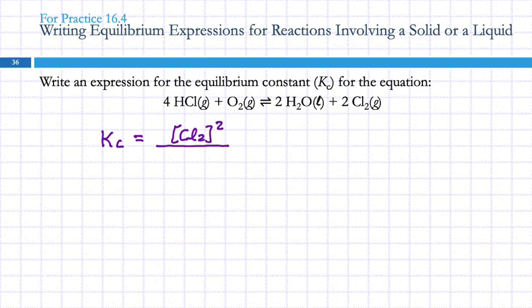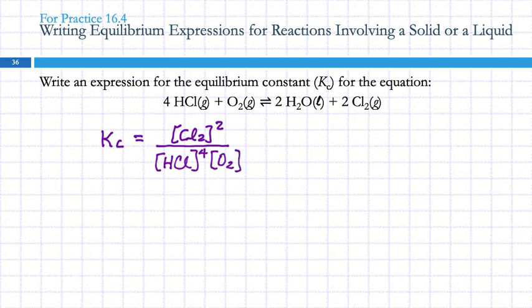See, now we're walking down that path another time. Why don't we have H2O in there? It's a liquid, its concentration doesn't change. We leave that out. It's great to remember why, but if you can just remember, because she said so, that's good enough. And then what goes in the denominator? HCl to what power? Fourth, and O2 to the first power.